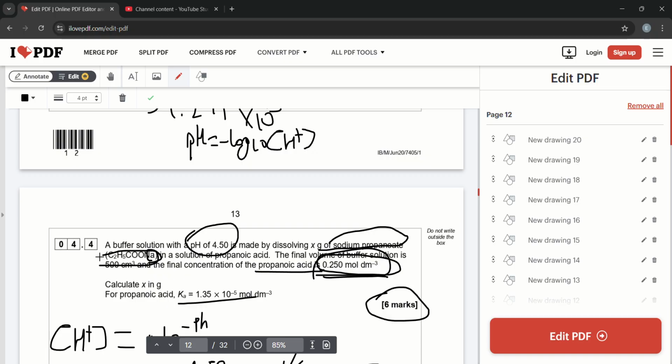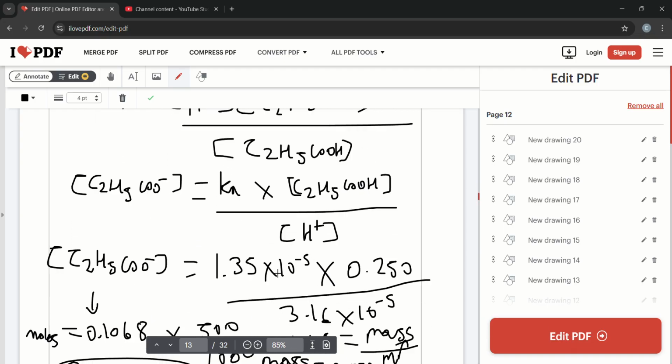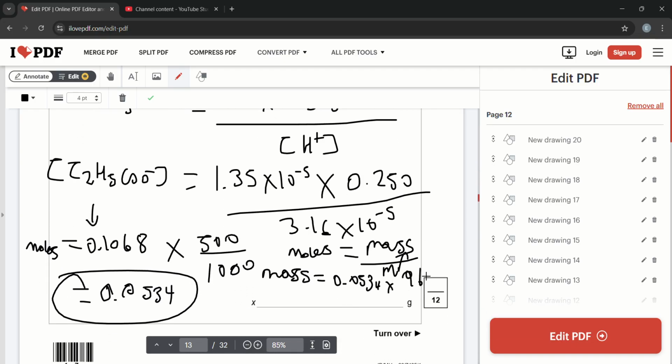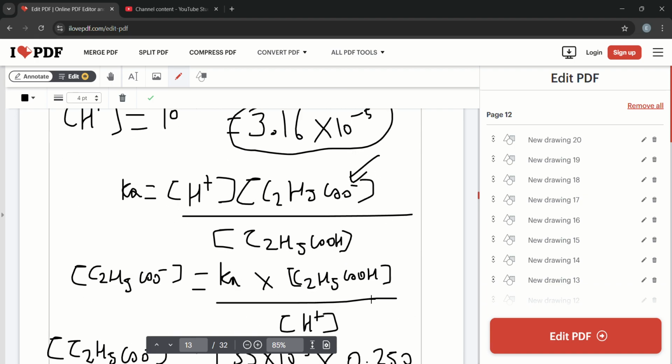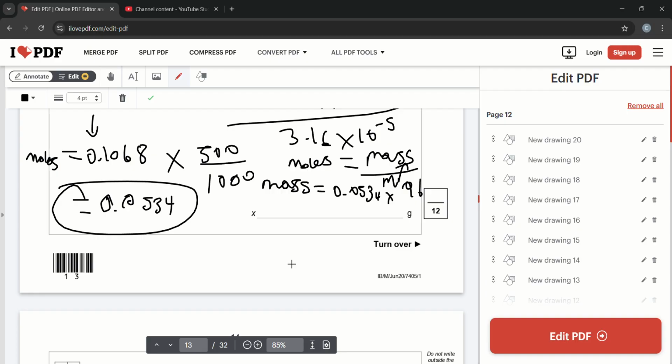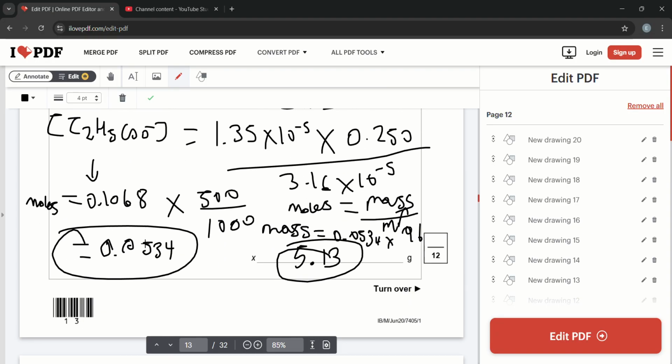It doesn't give that in the question, which is a bit annoying, but the Mr is 96. So we're multiplying the moles by 96: 0.0534 times 96 gives 5.1264, which is 5.13 to 2 decimal places. That is the end of question 4.